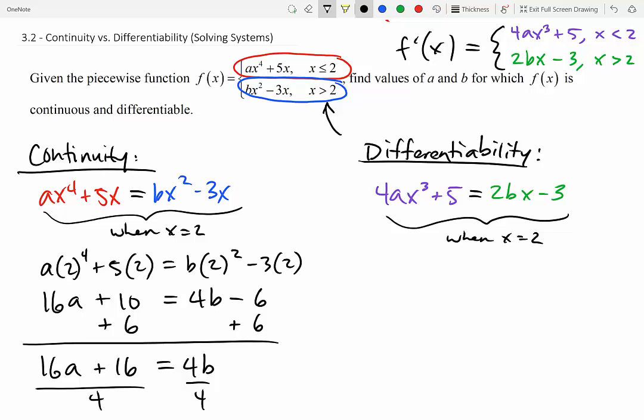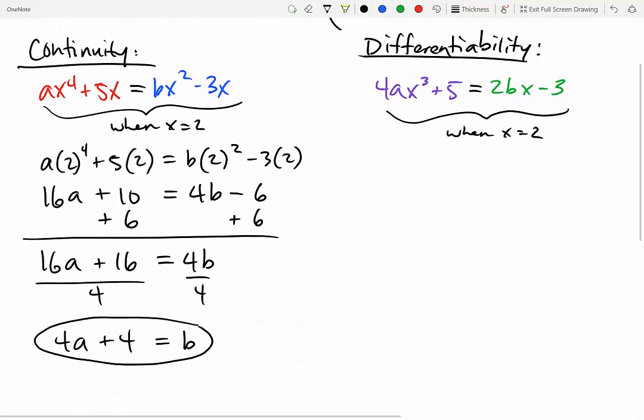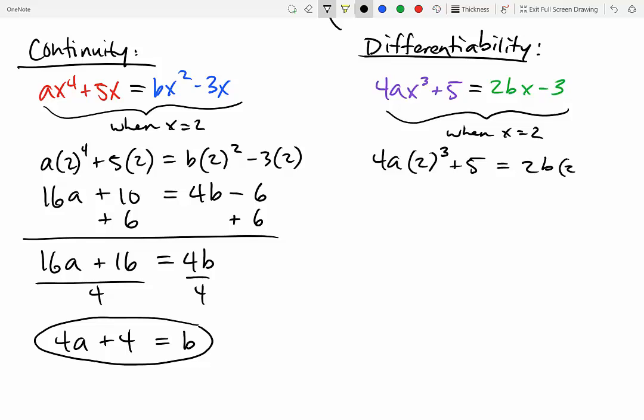So once again, we can plug in 2 into this new problem for each of our x's, which gives us 4a times 2 cubed plus 5 equals 2b times 2 minus 3. Again, multiplying these out, 2 cubed gives us 8 times 4 is 32a plus 5 equals 4b minus 3.